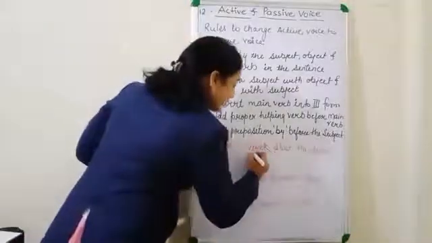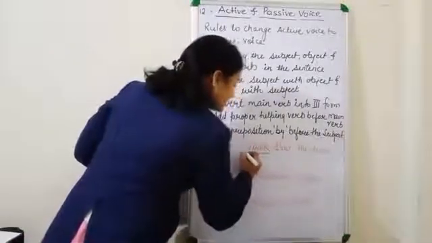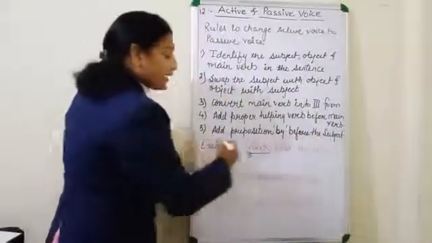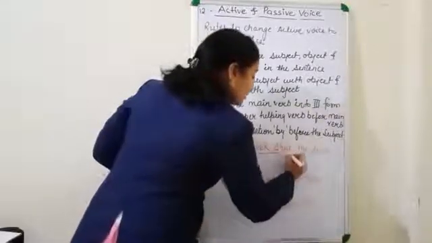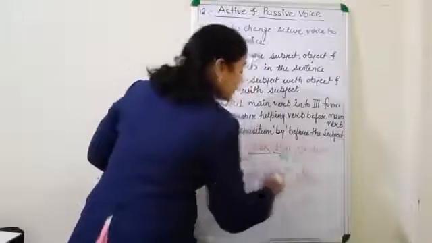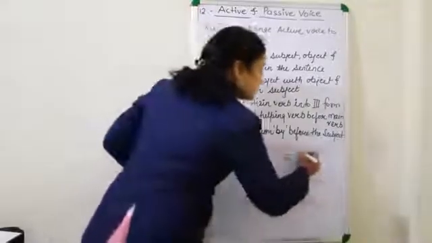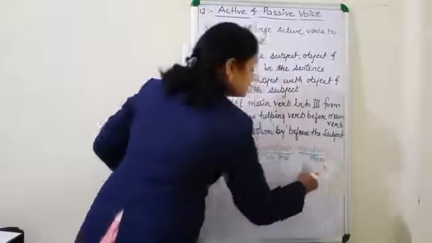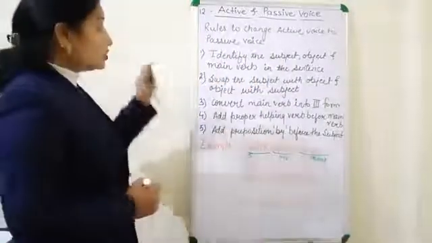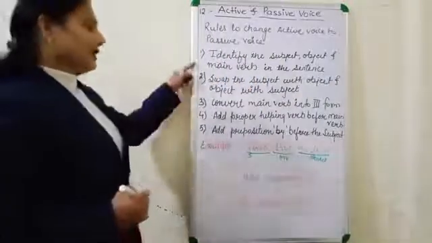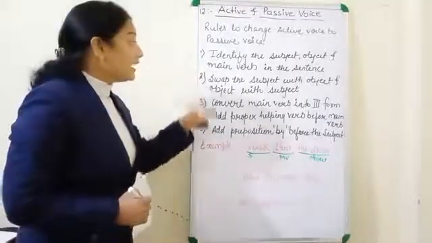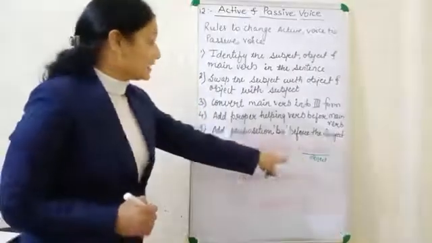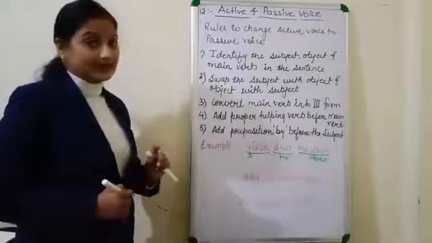Now see children, this is your subject, this is your main verb and this is your object. Understood? So according to the rule, we have already identified our subject, object and main verb in the sentence.